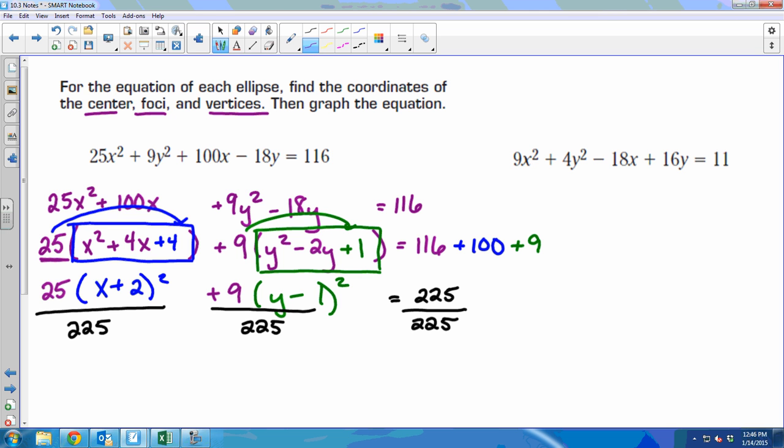I'm still using this 25 and this 9 that's in front of the parentheses. Those haven't disappeared, because I haven't done anything to them. Those coefficients are still there. 25 and 9 are still there. We haven't done anything with them.